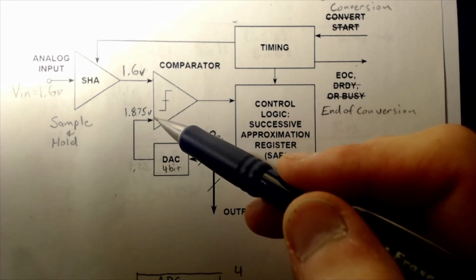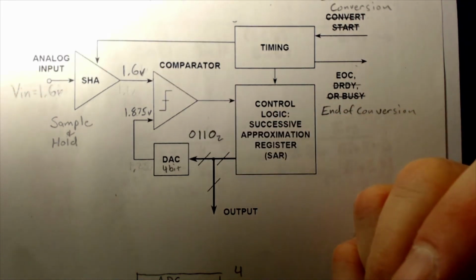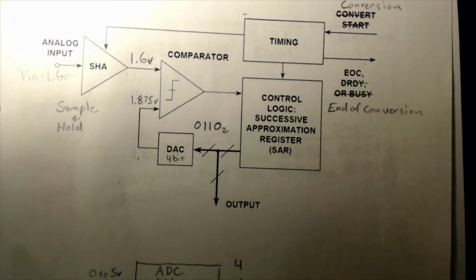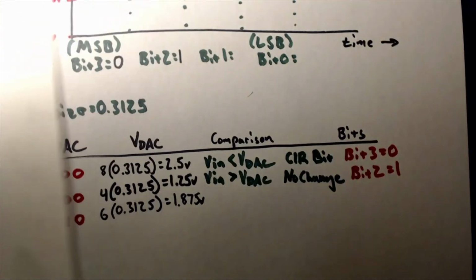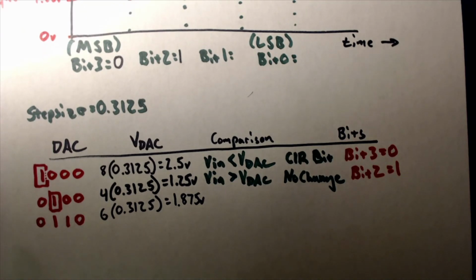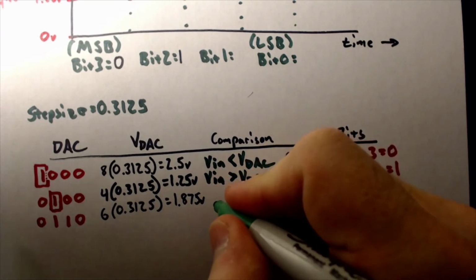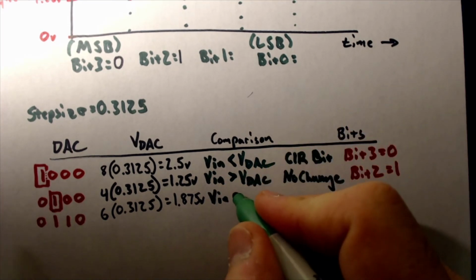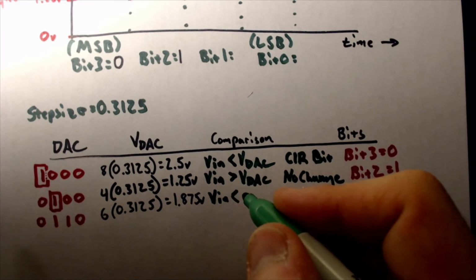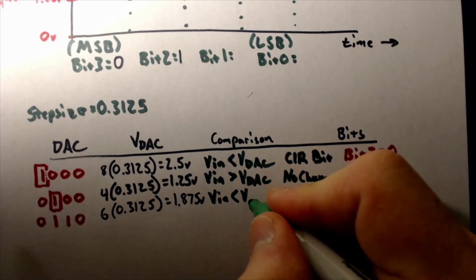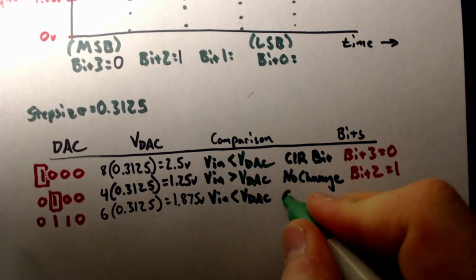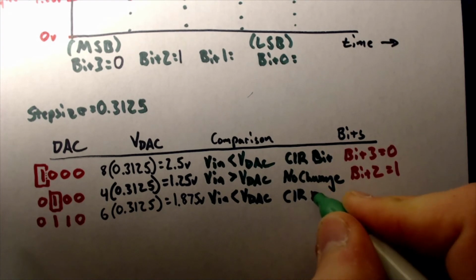And now VDAC is greater than 1.6. And you see we're going to clear the bit now. So now Vin is less than VDAC. And so we go ahead and clear that bit.